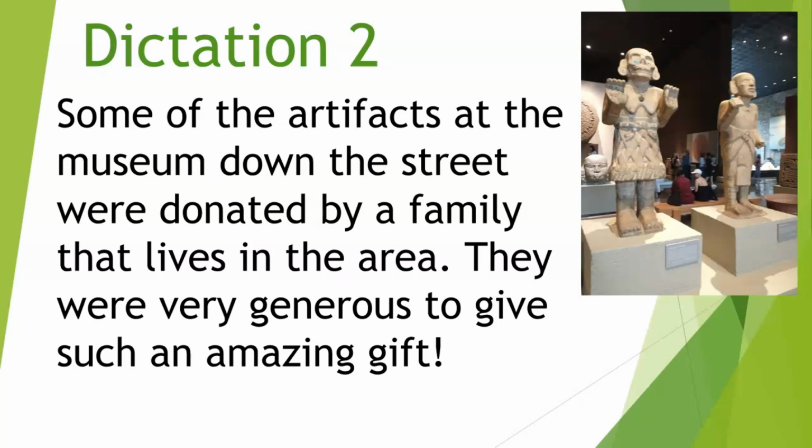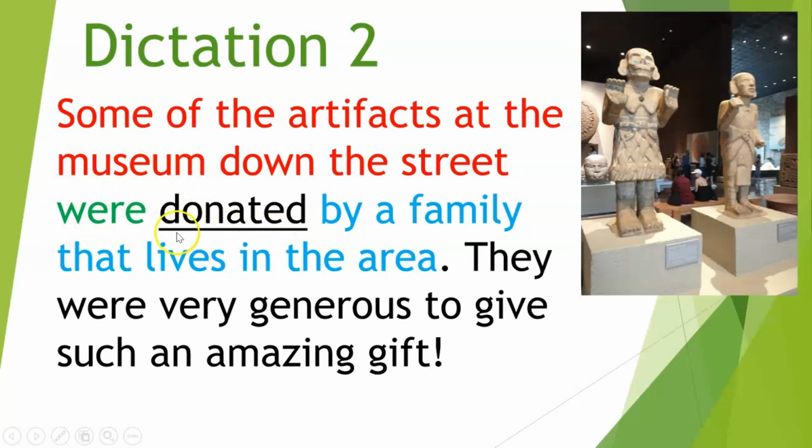Okay, now let's talk about the components, the elements of the passive voice. Now in this example, here we see the passive voice sentence. We have the subject: some of the artifacts at the museum down the street. Were donated: we have the form of to be, the simple past, donated.